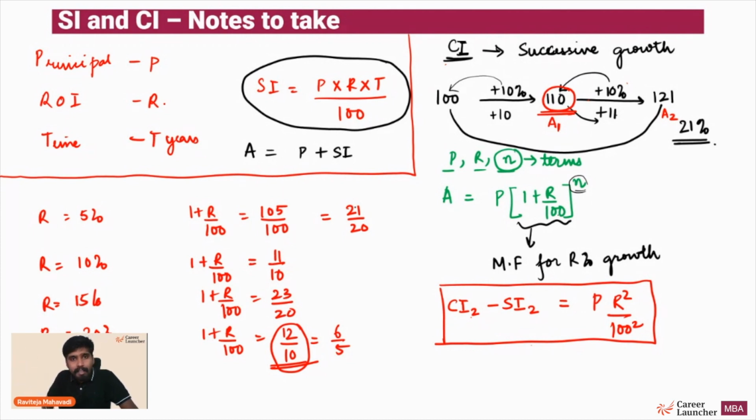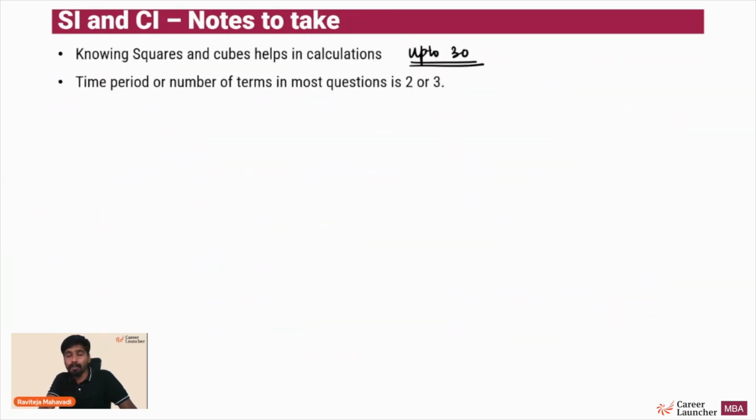For example, if you have 21 by 20 whole cube, knowing 21 cube will typically help solve the question faster. So knowing squares or cubes up to 30 will come very handy. Time period or number of terms in most questions will be either 2 or 3, not more than that.